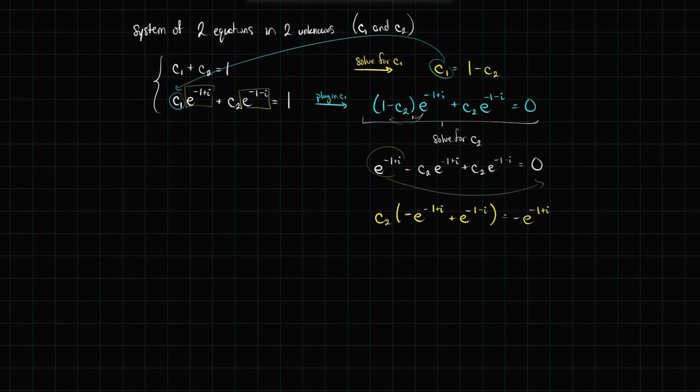And then I can finish off by dividing both sides by negative e to the negative 1 plus i plus e to the negative 1 minus i. And I'm left with C2 is equal to, I'll let the negatives cancel at the price of making that term negative, the ratio of e to the minus 1 plus i divided by e to the minus 1 plus i minus e to the minus 1 minus i.